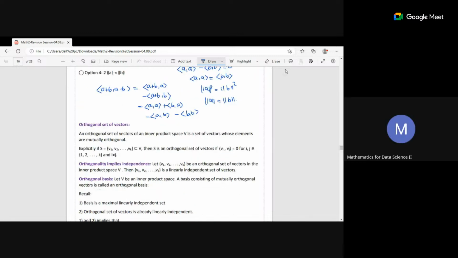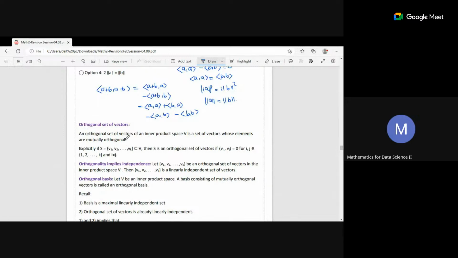So what are orthogonal sets of vectors? An orthogonal set of vectors of an inner product space V is a set of vectors whose elements are mutually orthogonal. It means the inner product of Vi and Vj is 0 for all i, j in this set where i is not equal to j. This is important: i not equal to j means they are mutually orthogonal. You take any two vectors from this set, they will be orthogonal.